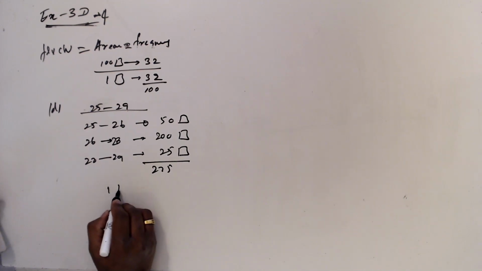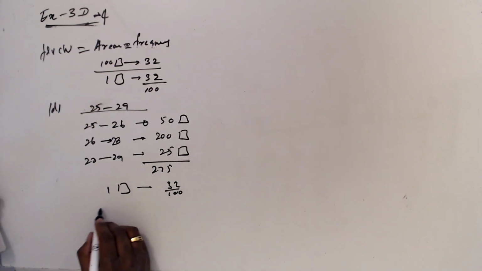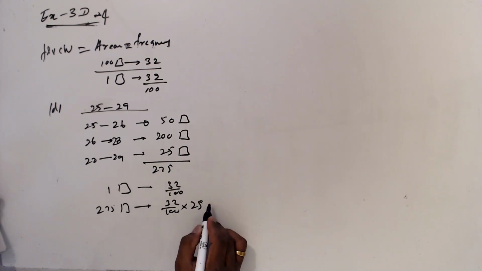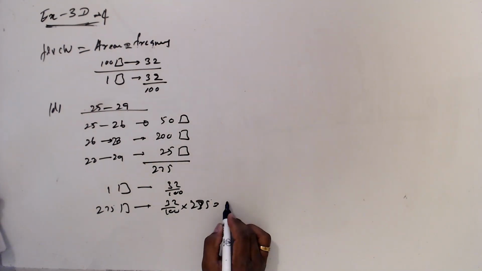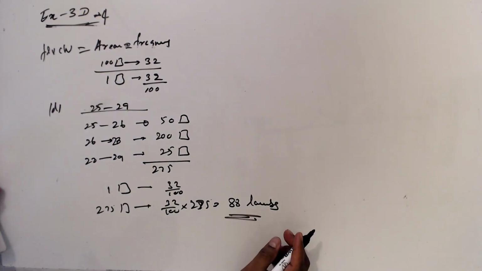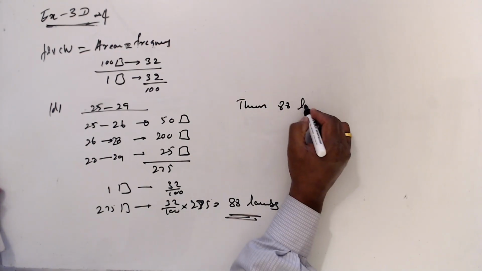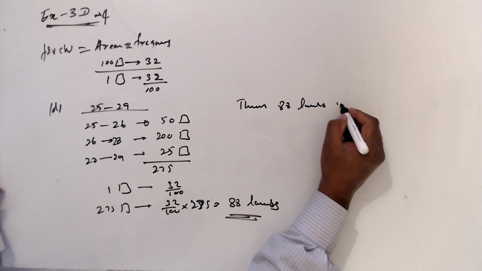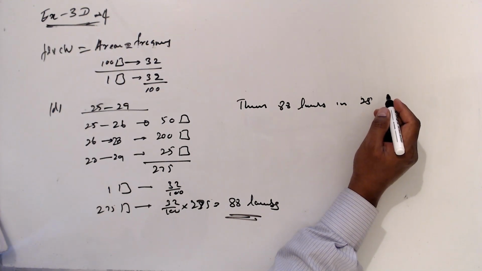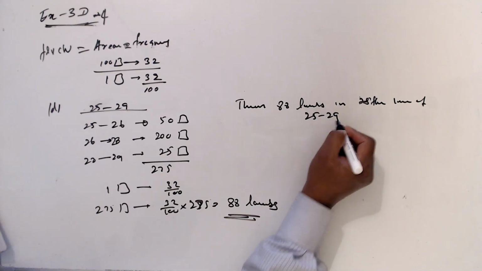One box represents 32 divided by 100, so 275 boxes is 32 divided by 100 times 275, that is going to be 88 lambs. There are 88 lambs in the interval of 25 to 29.